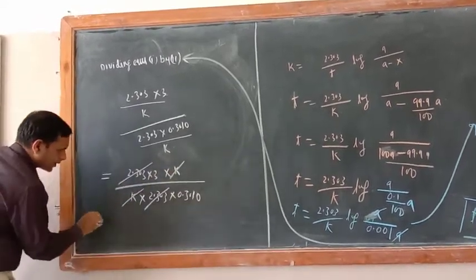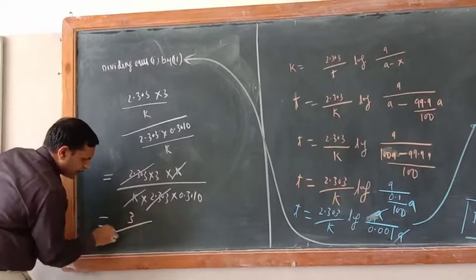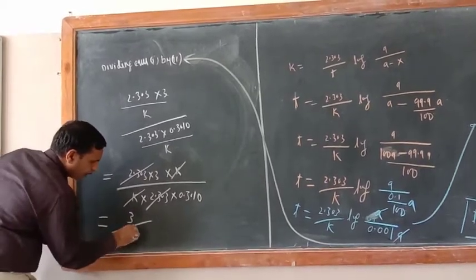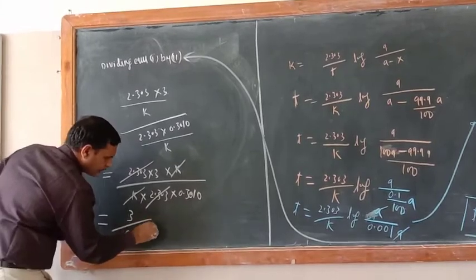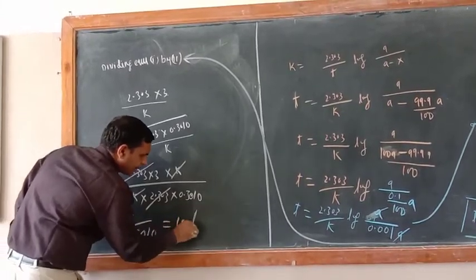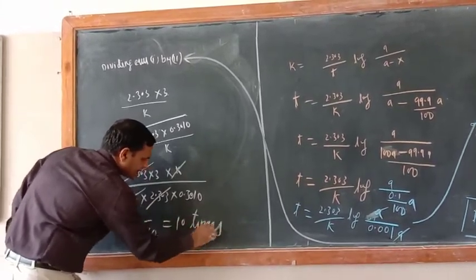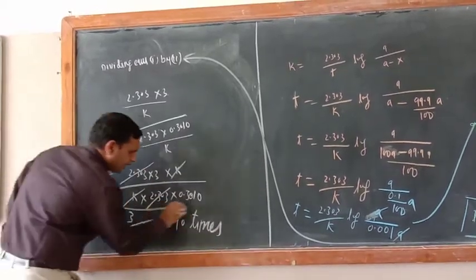That is equal to 3 by 0.3010, that is equal to 10 times. This is the final answer.